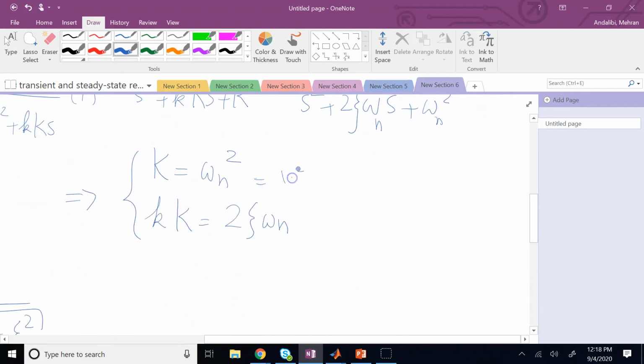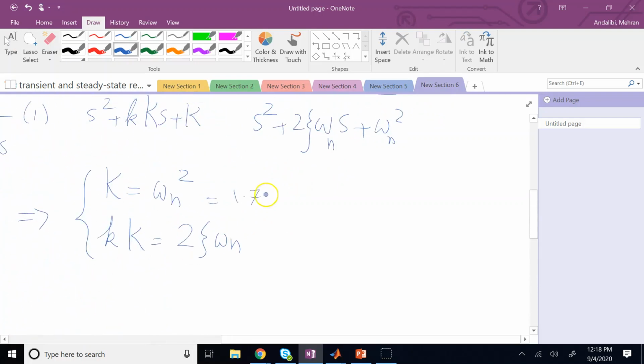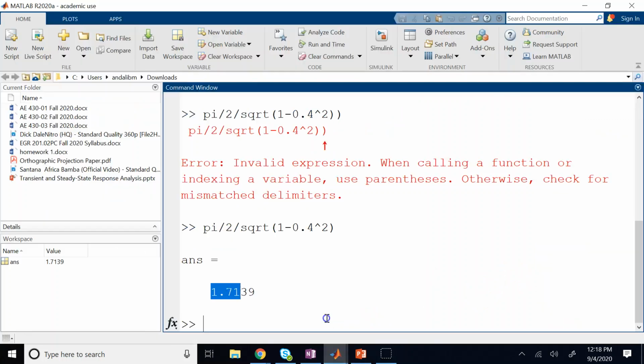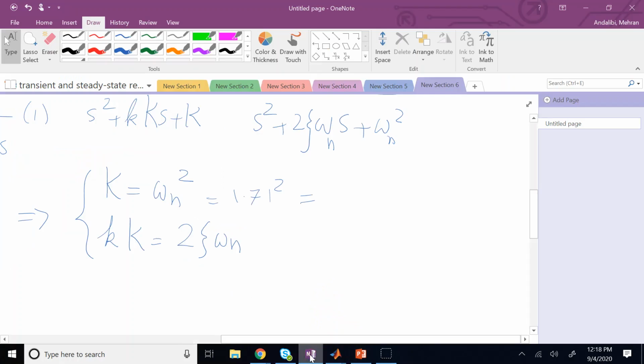So now that I got 1.71 and 0.4, I come back here. So this is going to be 1.71 squared, right? So I can get my cap K, 2.92. And then from here, small k is going to be 2 zeta omega n divided by cap K, right?